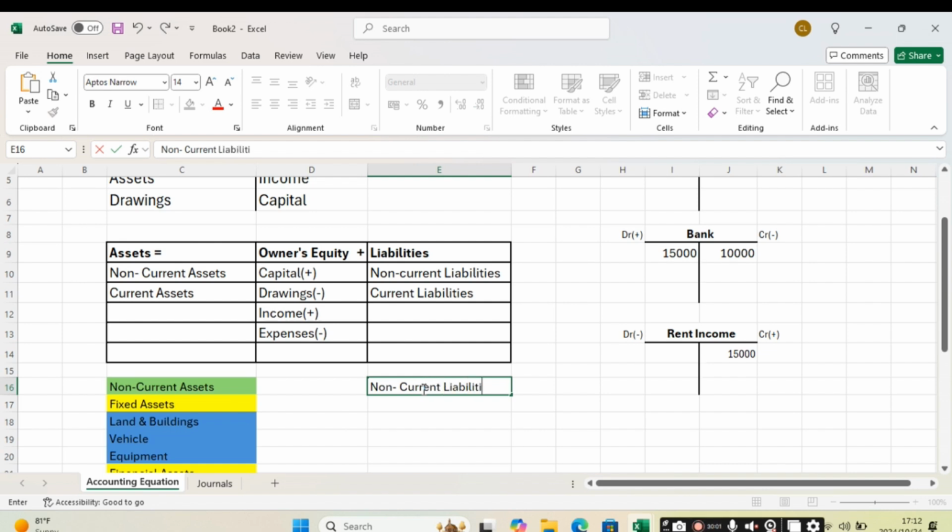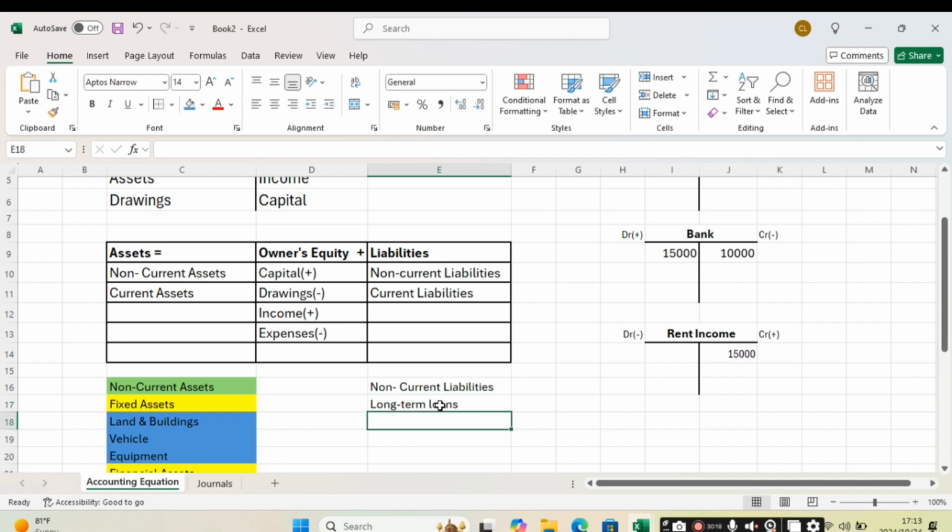Under non-current liabilities, what do we have? We have long-term loans, and we also have what we call a mortgage bond. We have our mortgage bond under non-current liabilities.